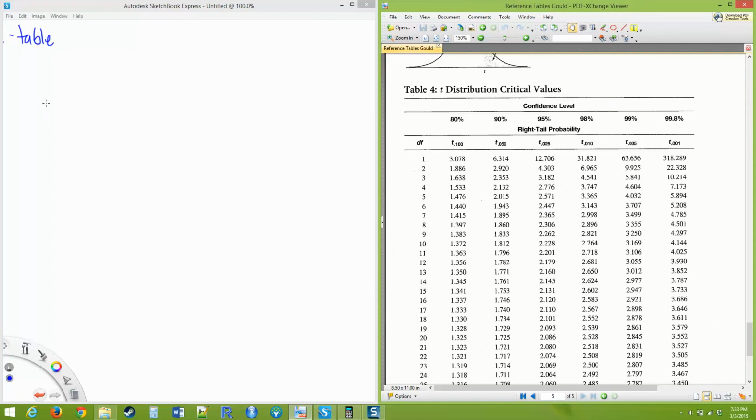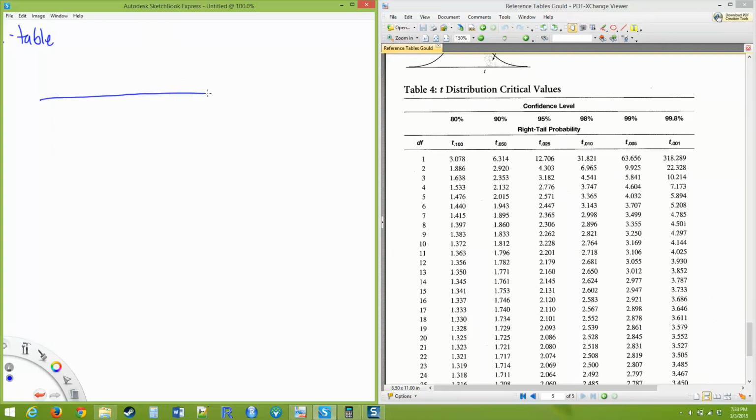Let me draw the picture of what's happening here. The t distribution looks a lot like the normal distribution, but it's not the same. You have something called degrees of freedom, which I'll explain in a little bit. But for now, we will use this row with 5 degrees of freedom. Do you guys see that?